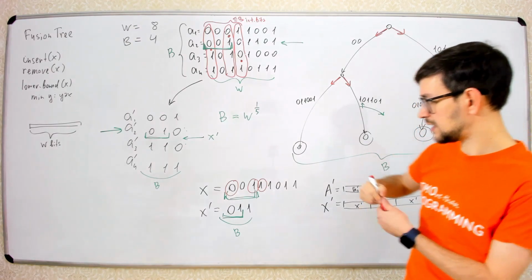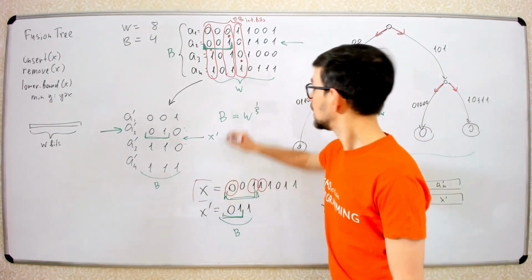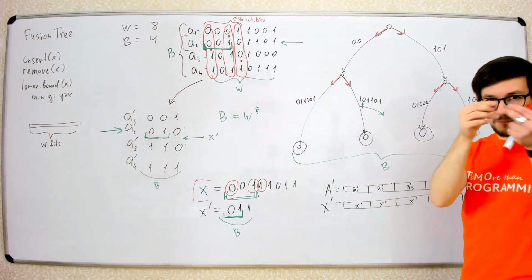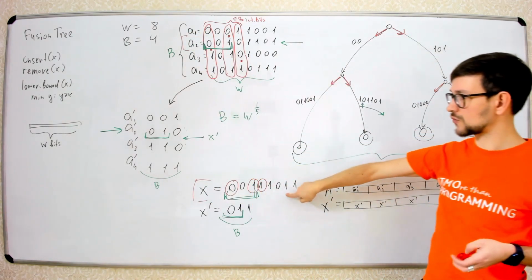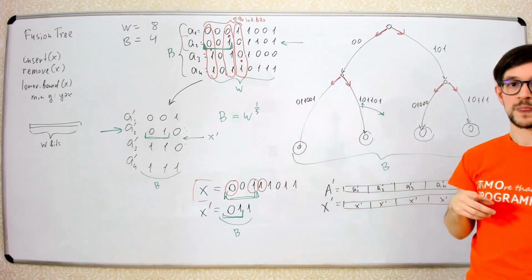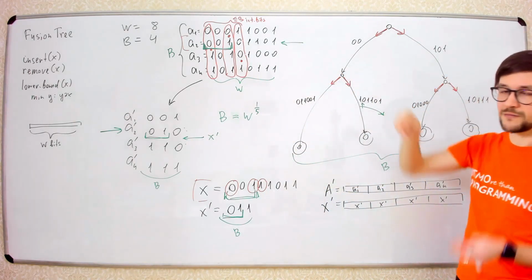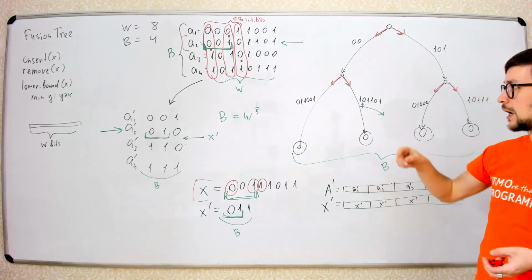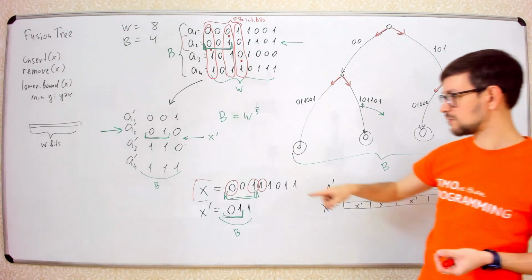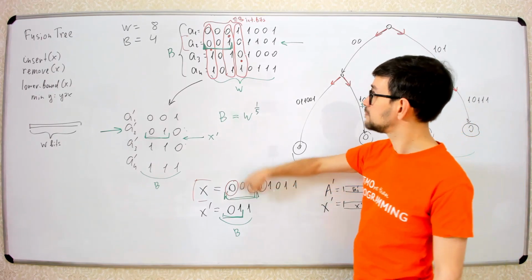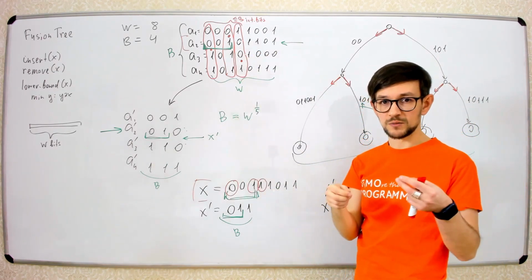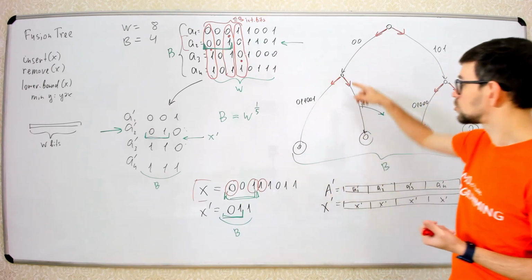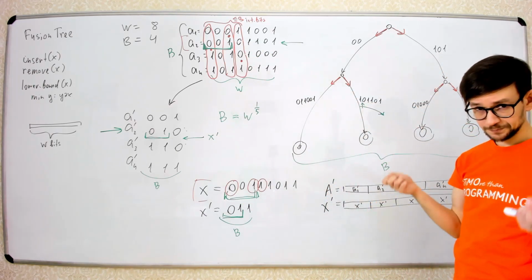So if you look at the integer X and integer A2, and try to follow the path from the root using these bits of X and bits of A2, then in all these junctions you will have the same choice, yeah? Because all the important bits are the same. So you have bits in X and bits in A2. All first important bits are the same. So in all junctions you have the same choice.